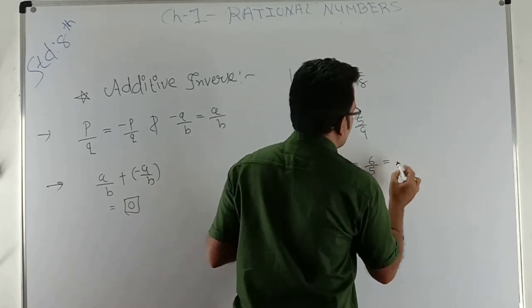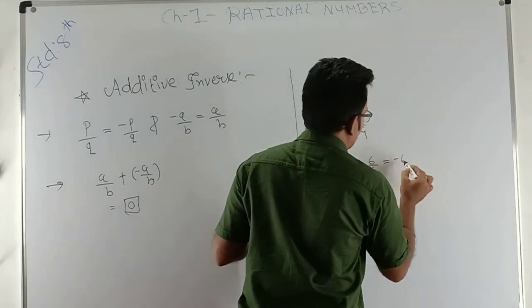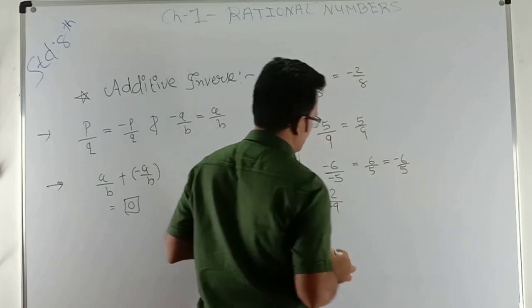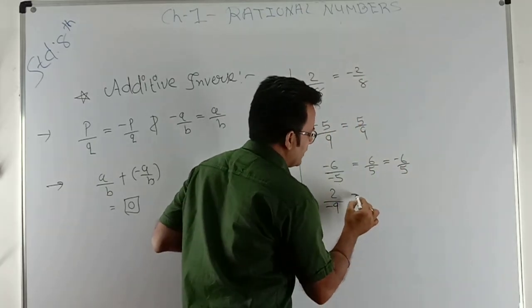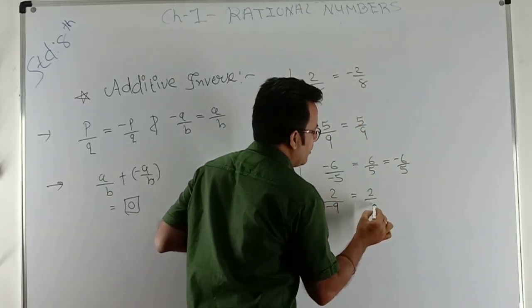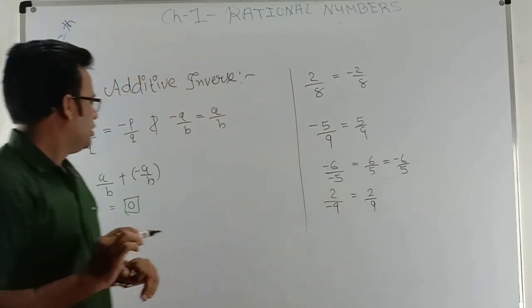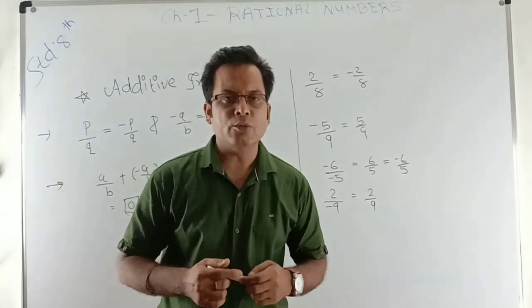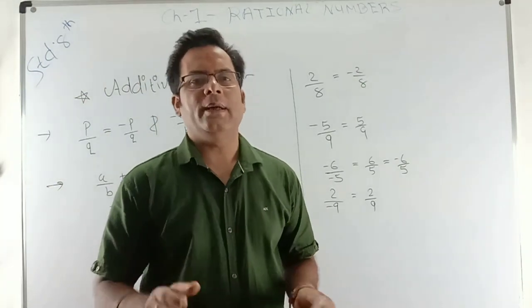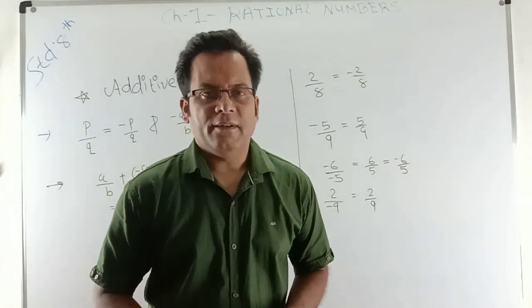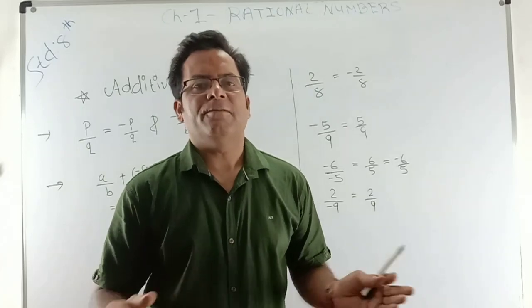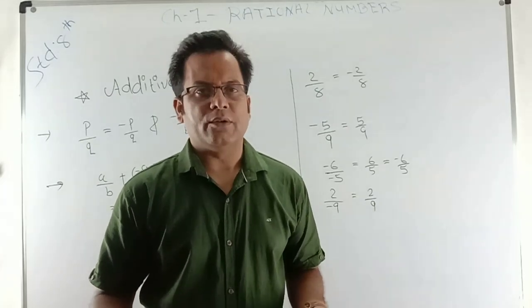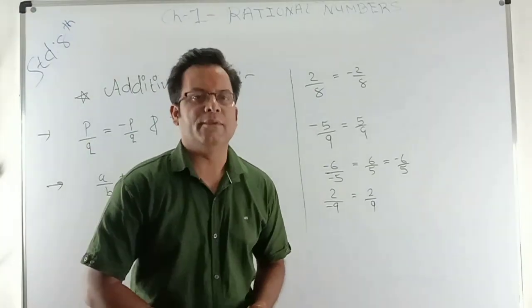We have to make it negative, so it will be minus 6 upon 5. Here 2 upon minus 9 will be 2 upon 9. So this is additive inverse. Nothing much to do. You have to just make the number, if positive, then you make it negative. If negative, then you make it positive. This is all about additive inverse.